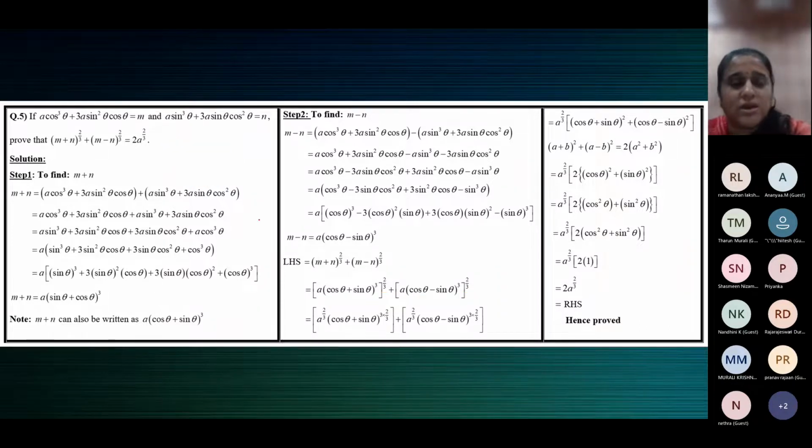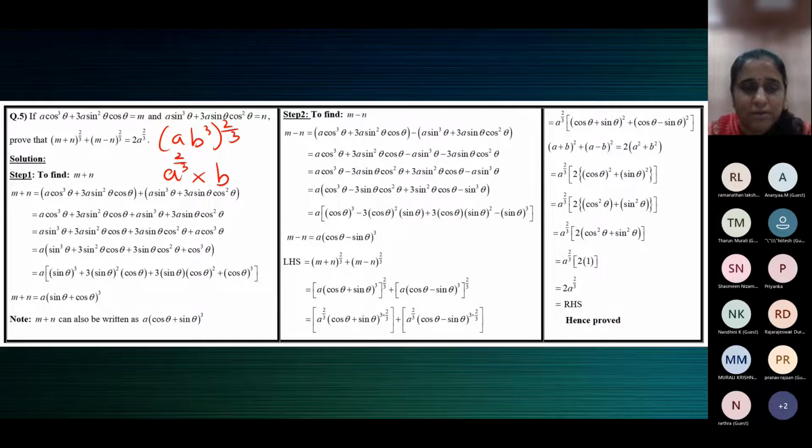Let me tell you something else. Supposing you have a b cubed to the power 2 by 3. It is a to the power 2 by 3 into b to the power, there's already power 3, into 2 by 3. So 3 and 3 will get cancelled. So you will get a to the power 2 by 3 into b square.